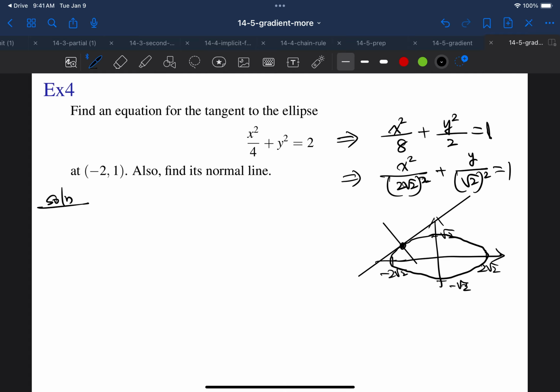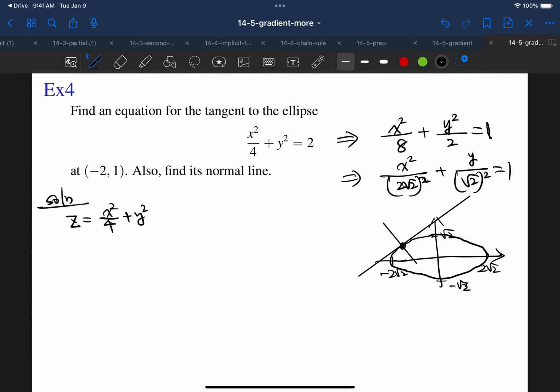We think of this ellipse as a level set of a function given by x squared over 4 plus y squared. Then the curve is the level set of this 3D surface at level 2.